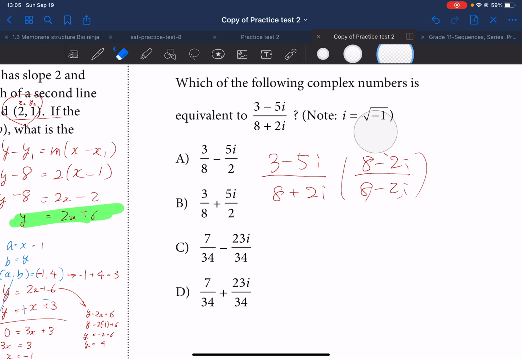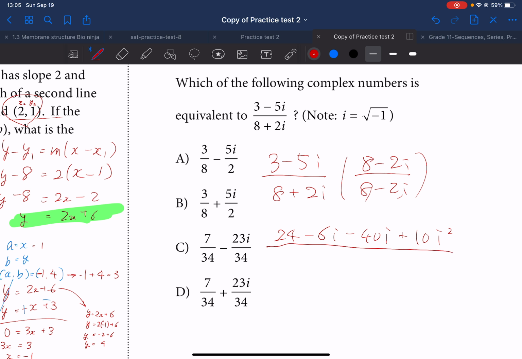Okay, so now 3 times 8, 24, 3 times negative 2i, negative 6i, negative 5i times 8 is negative 40i, and then positive 10i squared.